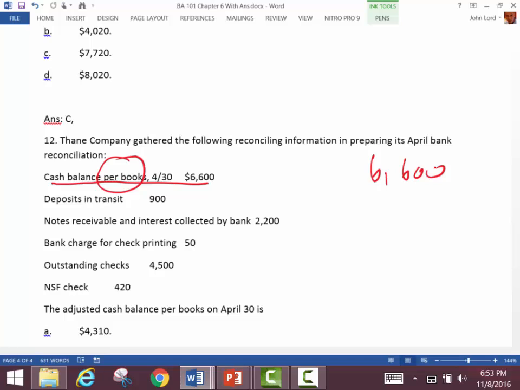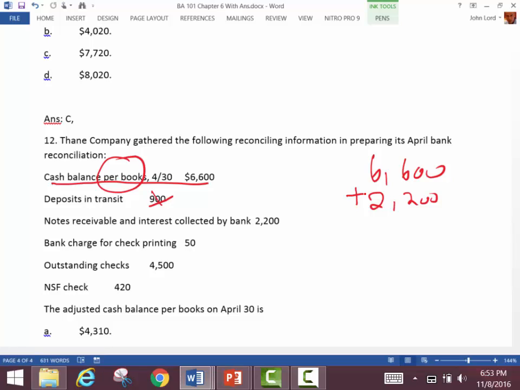Does the company know about the deposit in transit? Yes, they do. So I don't worry about that, right? That's already included. How about notes receivable collected by the bank? We don't know about that, right? So we're going to adjust that. We're going to add that 2,200 because the bank knows about that, and we're adjusting the company's book balance right now. Okay, good.